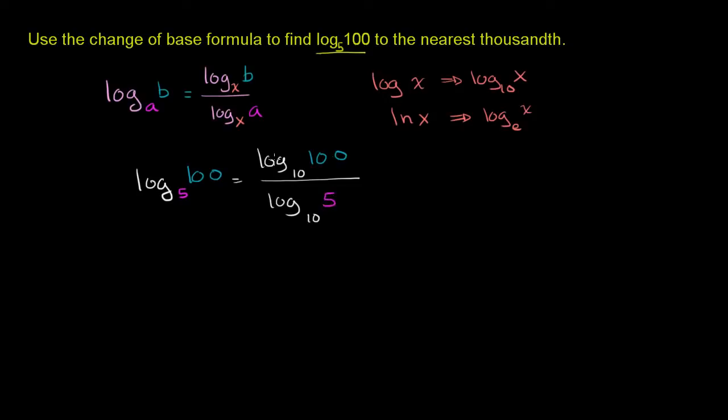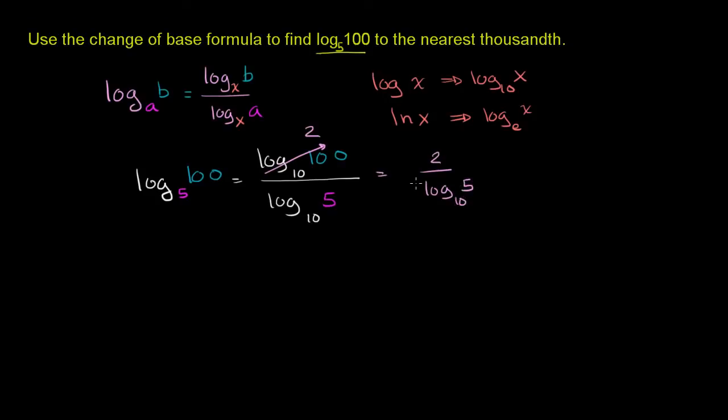And actually, we don't even need a calculator to evaluate this top part. Log base 10 of 100: what power do I have to raise 10 to get to 100? The second power. So this numerator is just equal to 2. So it simplifies to 2 over log base 10 of 5.